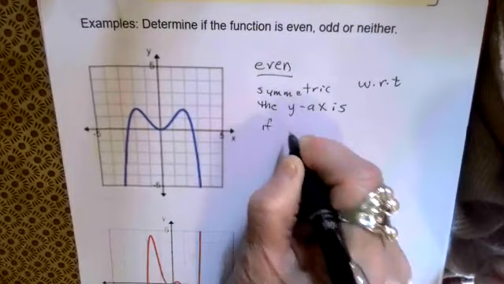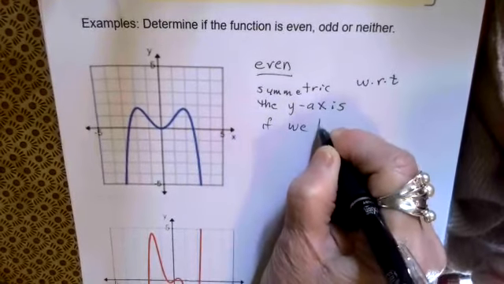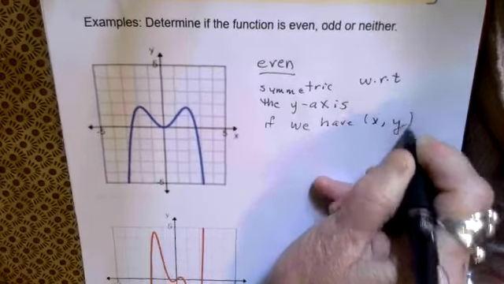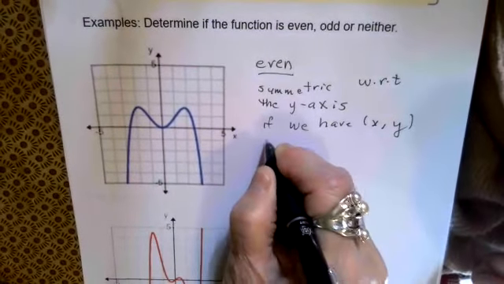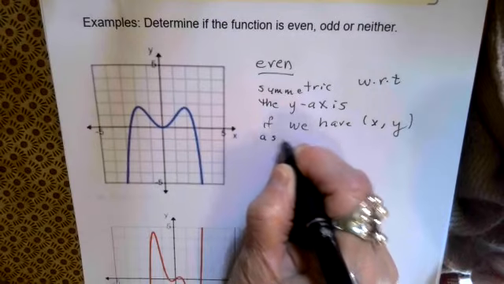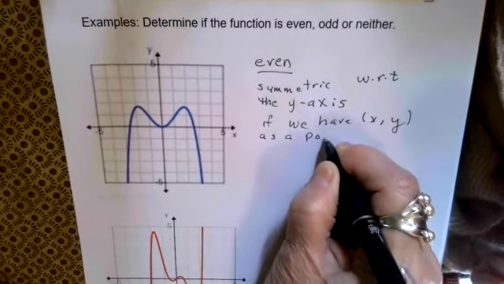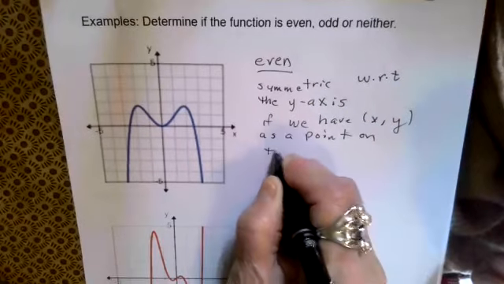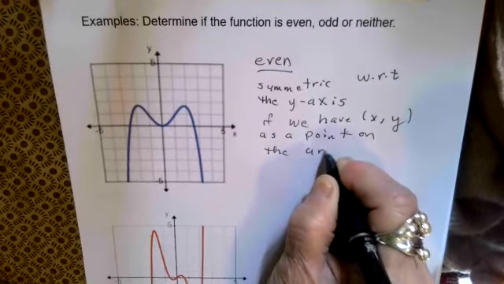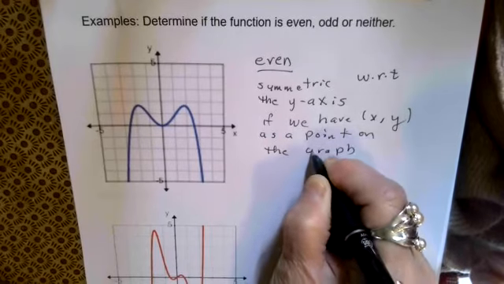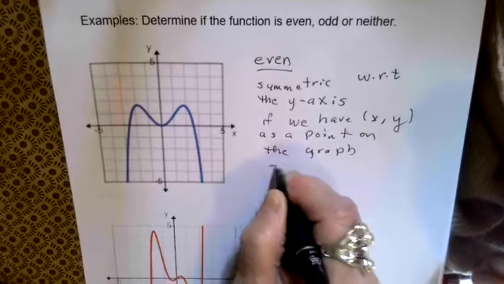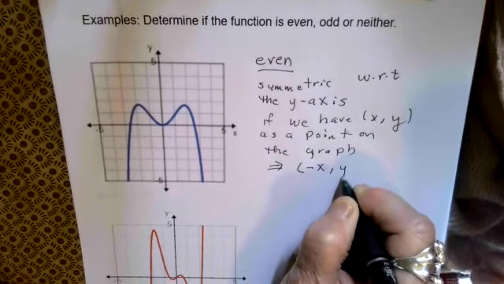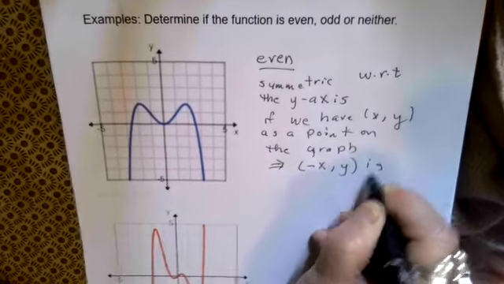And also, if we have x, y as a point on the graph, then we also have negative x, positive y on the graph.